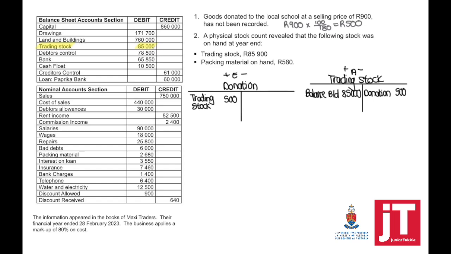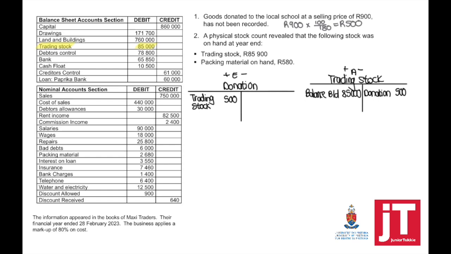Adjustment number 2. A physical stock count revealed that the following stock was on hand at year end. Trading stock, 85,900. Now, what is a common mistake? We compare that 85,900 with the amount from the pre-adjustment trial balance.